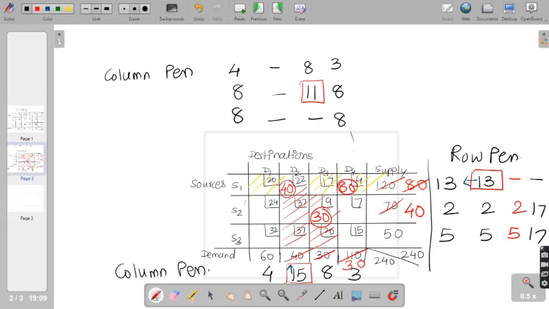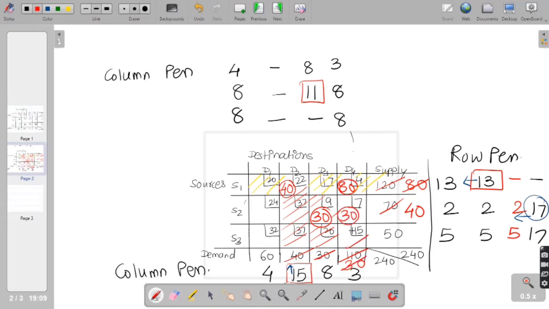So we will mark the second row for assignment, where the penalty is 17 and the corresponding least cost is 7, which is smaller than 15. And therefore, we have chosen second row for allocation. 30 units are required and 40 are available at source 2. So we will give all 30 that are required.